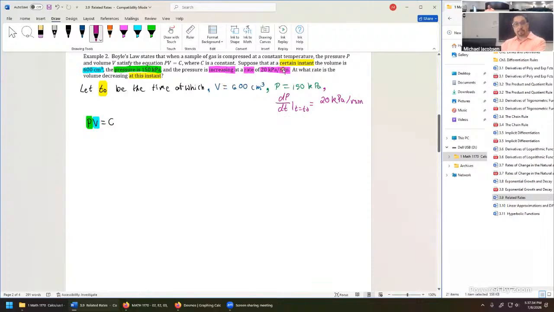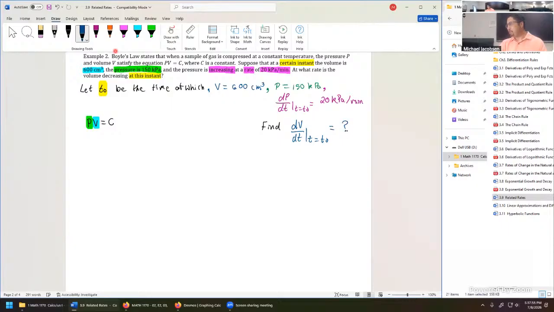So that's all of the given information. And now comes the question. The question is, at what rate is the volume decreasing at this instant? So we're being told, find dV dt, evaluate at that instant of time, T equals T naught.